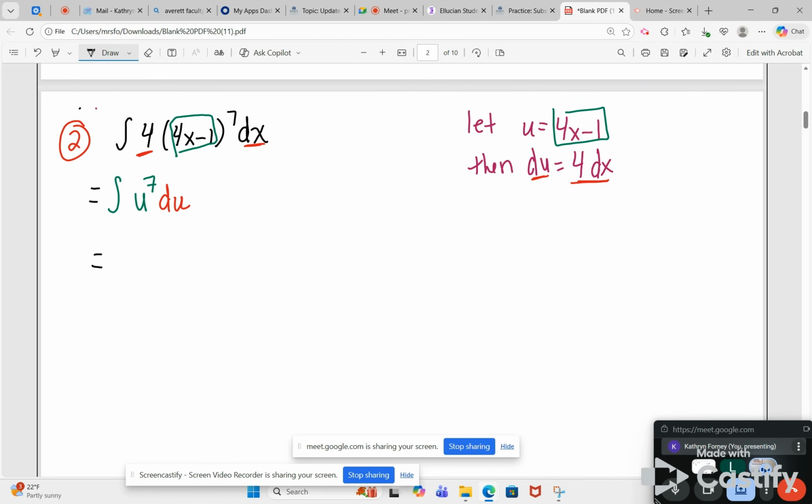You don't have to use either of those rules because you can just take the antiderivative here, because the antiderivative says increase the exponent by 1 and divide by the new exponent.